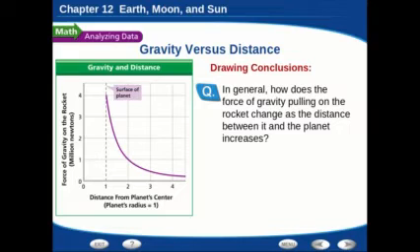You're not going to be trying to see what somebody else thinks it means. You'll know exactly what that graph means. So I'm going to give you a second to think about this in general. It's a generalization. How does the force of gravity pulling on the rocket change as the distance between the rocket and the planet increases? Think about that for a second.